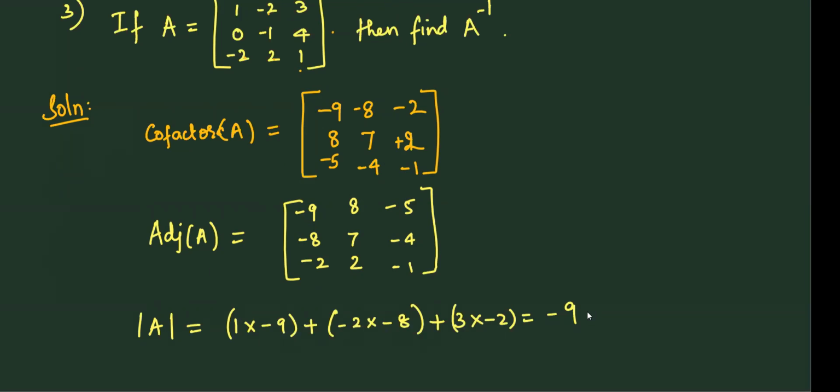So I get minus 9 plus 16 minus 6, so I get 1. I can also choose the second row multiplied by the cofactors of the second row. 0 into 8, 0. Minus 1 into 7, minus 7. Plus 4 into 2, 8. So minus 7 plus 8 is 1.